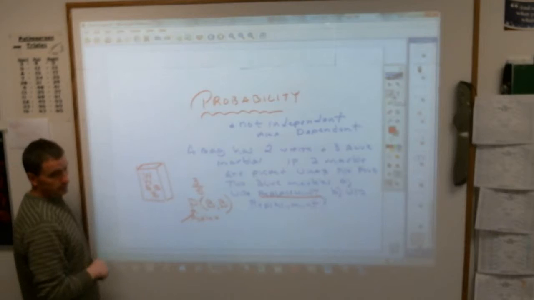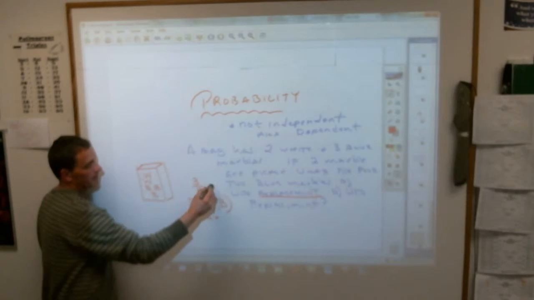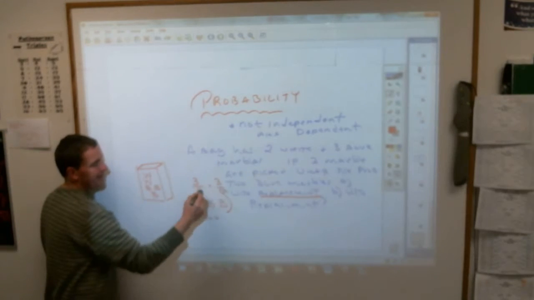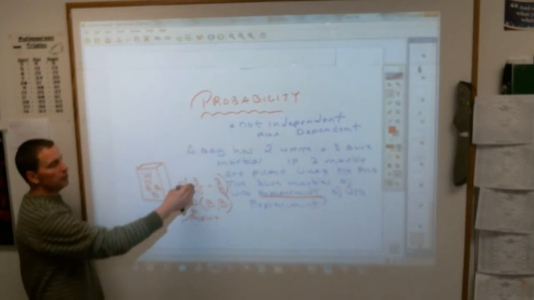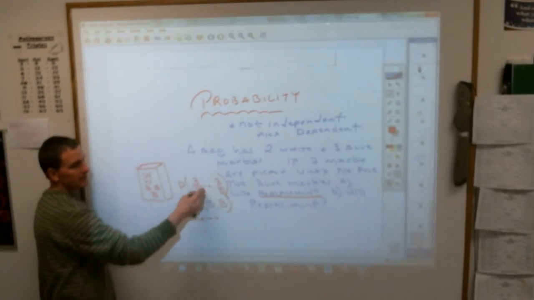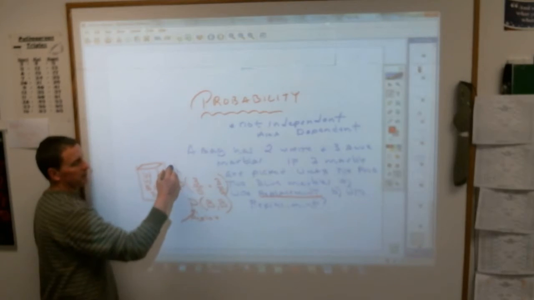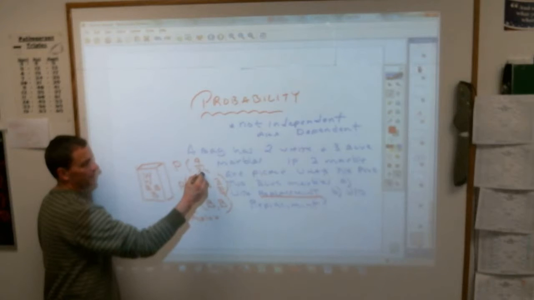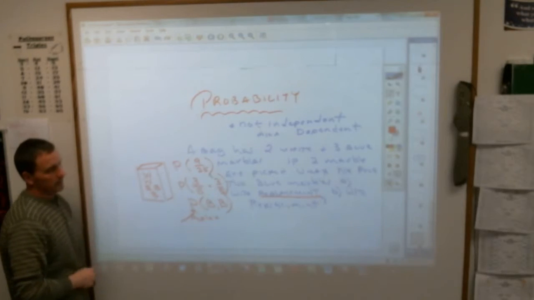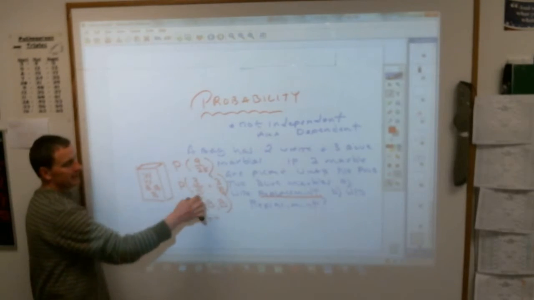Same thing. Now the probability of doing that back to back is what you get when you multiply those 2 probabilities together. The probability with replacement is 9/25.